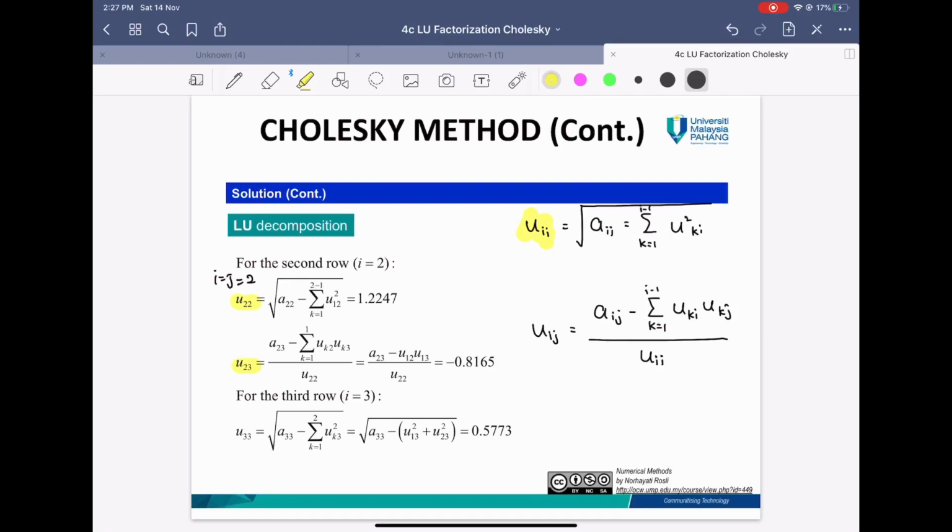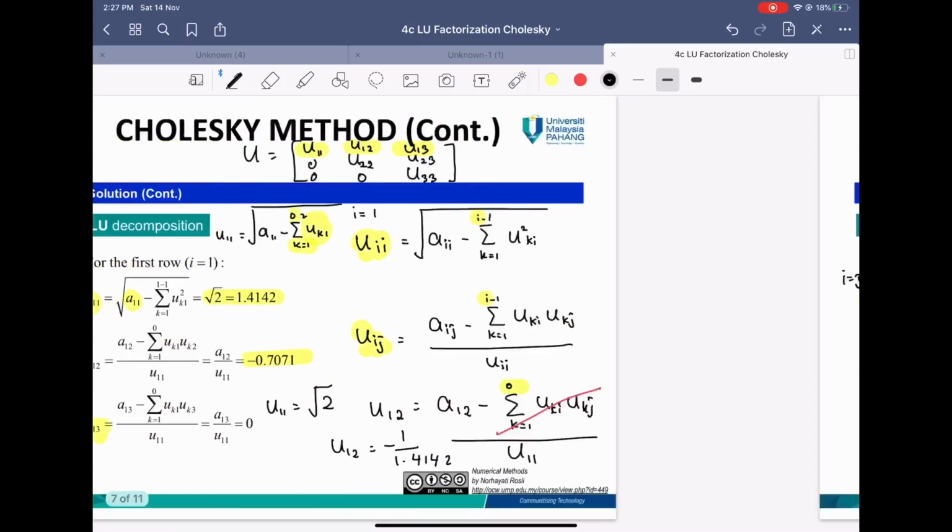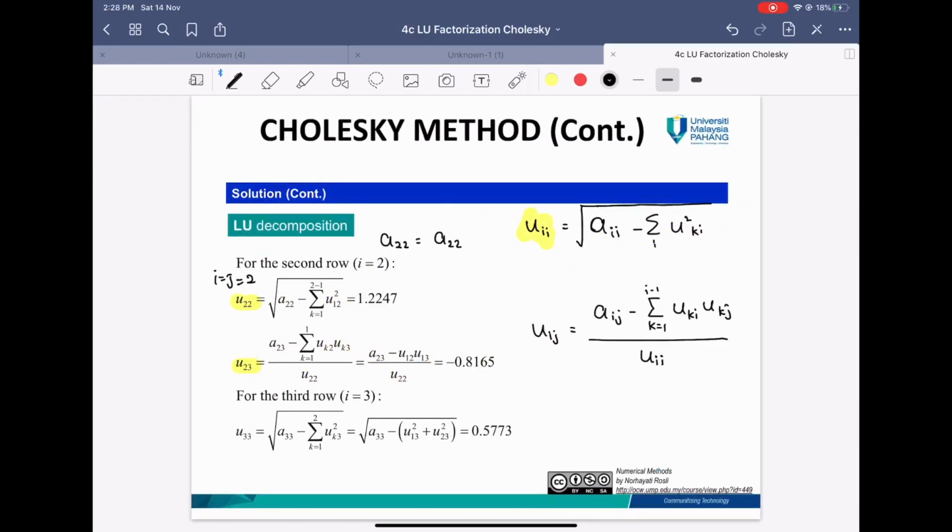Substitute i equal to 2, we will get A22 minus the sum from k equal to 1 to i minus 1, so substitute i equal to 2, the sum from k equal to 1 to 1, of UKI squared.